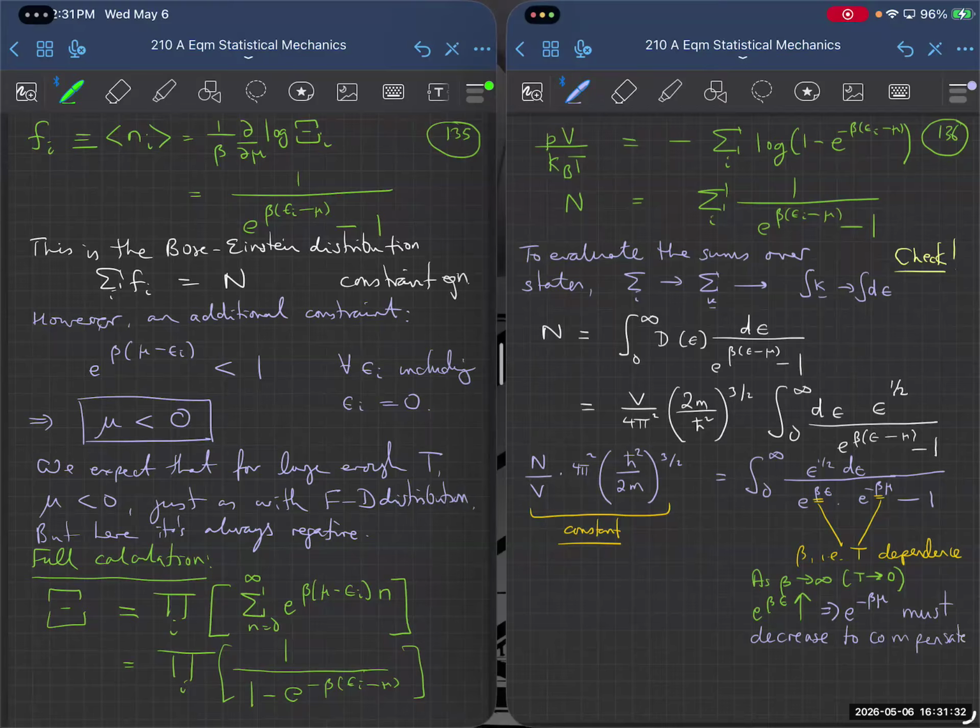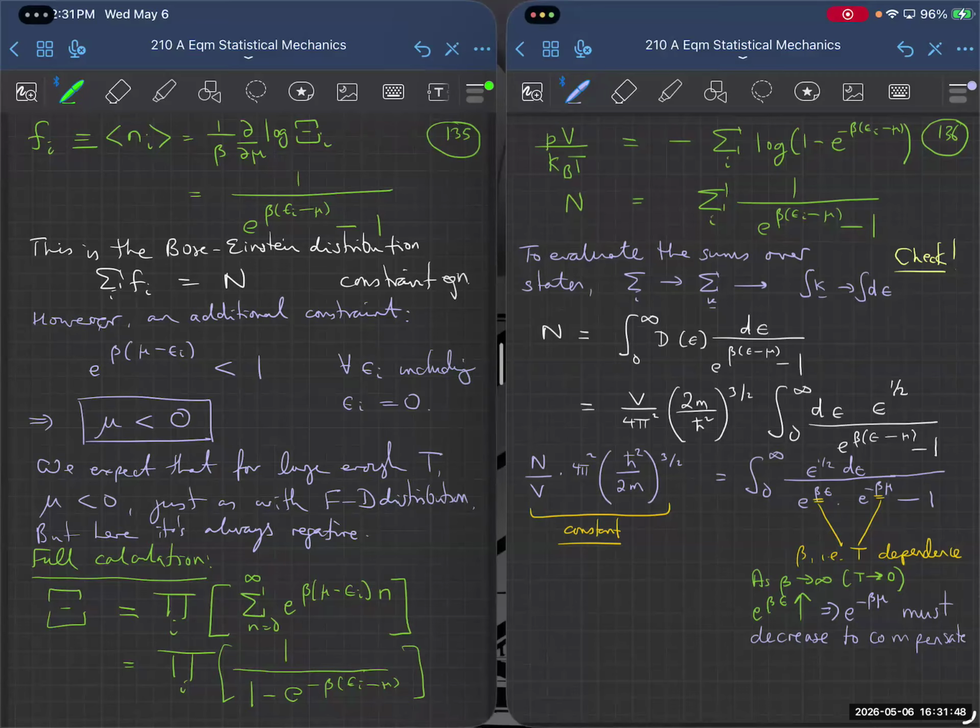We know that the left-hand side does not depend on beta, so the right-hand side can't either. Therefore, e to the minus beta mu must cancel out the increase due to e to the beta epsilon.